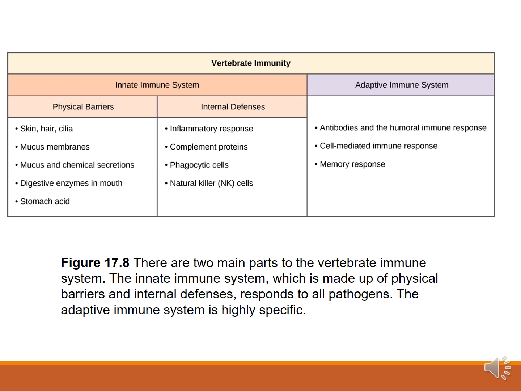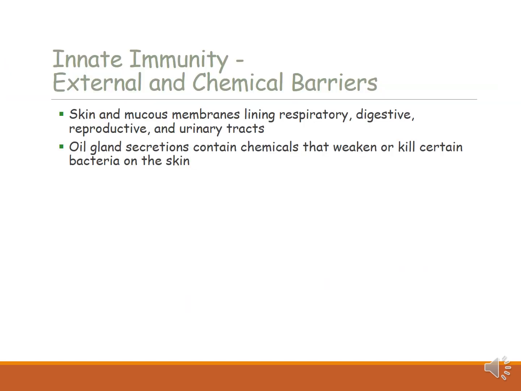Even digestive enzymes in your mouth can destroy pathogens. Pathogens are very sensitive to pH, so your stomach acid can destroy pathogens. There are some very general internal defenses we'll discuss, and then we will discuss different types and forms of adaptive immunity.